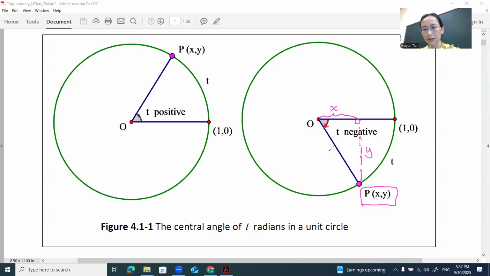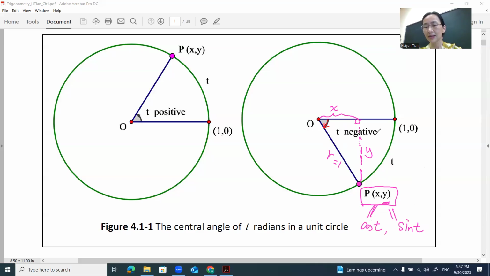So r is always 1. So y over r is y, so the y is just the sine value, sine of t. And x over r is cosine, right? R is 1, so x is the cosine value of t.